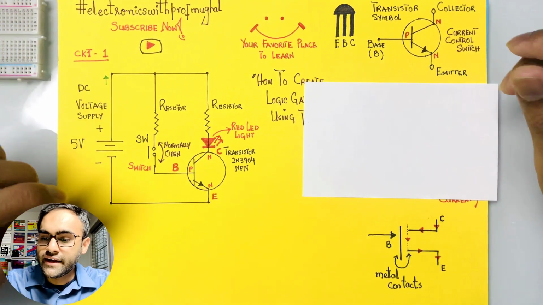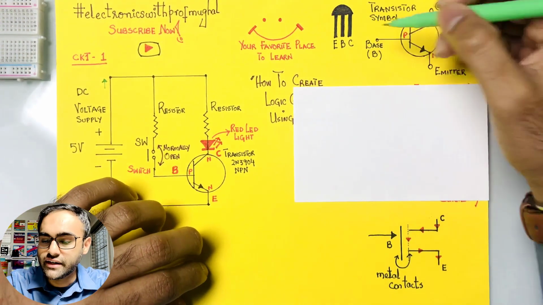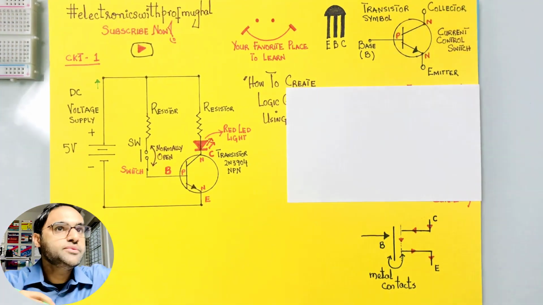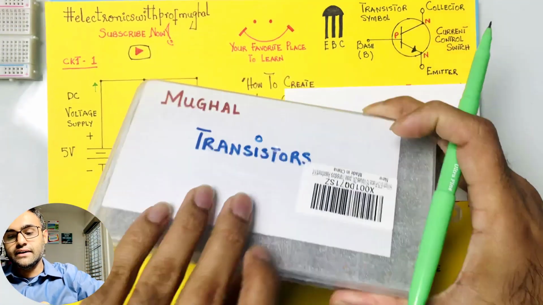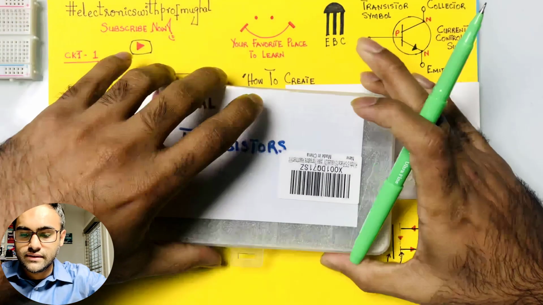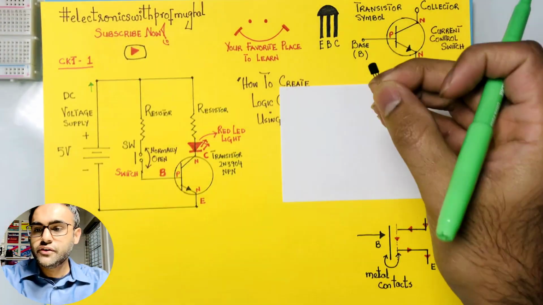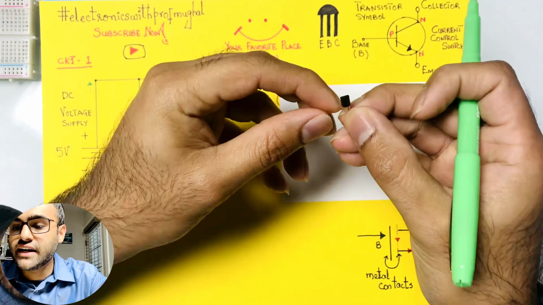The symbolic representation of a transistor looks like this. This is the flat end of the transistor. Let me just show you real quick. A transistor may look something like this. If you notice here, this is the flat side and the other side is round.